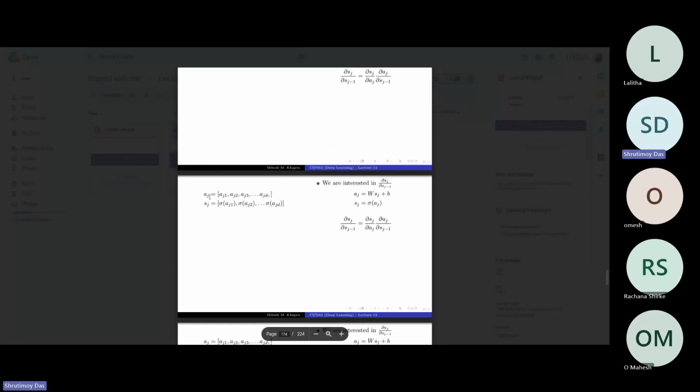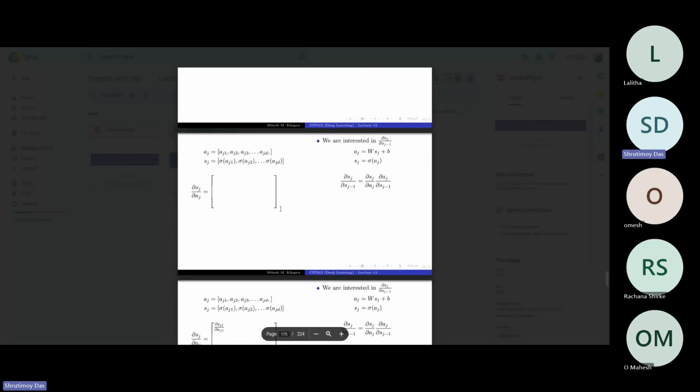So if we expand it, suppose Sj is your d-dimensional vector. So Aj will be a vector having d components. And similarly, Sj is just applying some nonlinearity on Aj, so we apply this nonlinearity element-wise. That is fine.